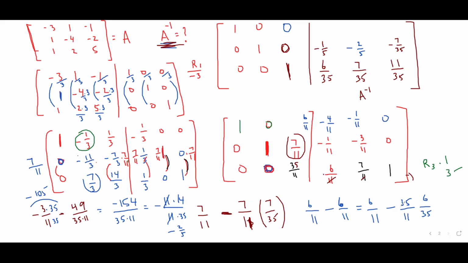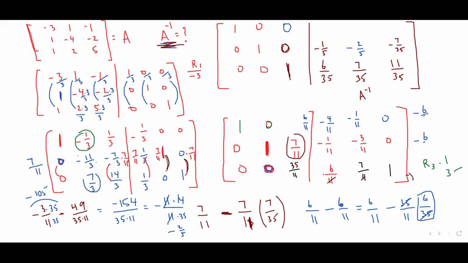So notice that if I use this 6/35, right? So if I times by 6/35, I will achieve my goal. So I will get actually 6 11ths. And when I subtract it, then everything will be fine. So negative 6 over 35.